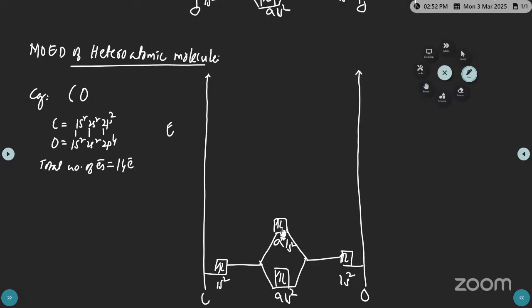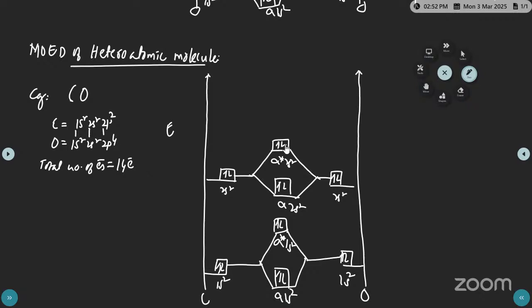Next, the 2s2 orbital of carbon and the 2s2 orbital of oxygen linearly overlap with each other and form two molecular orbitals: sigma 2s2 and sigma star 2s2.